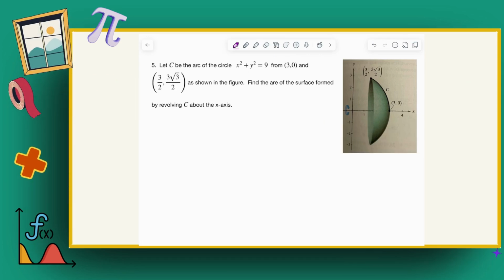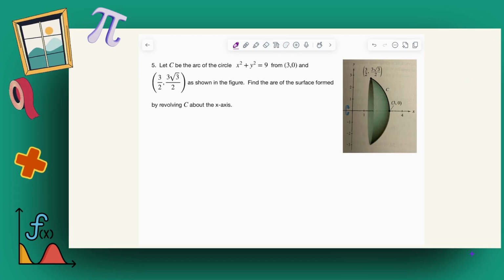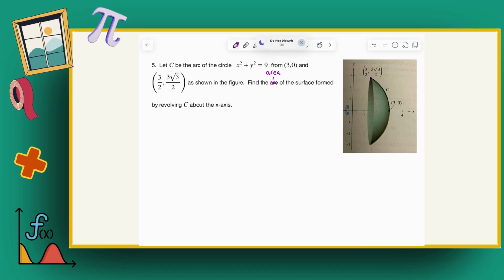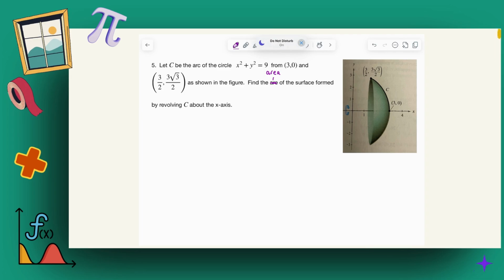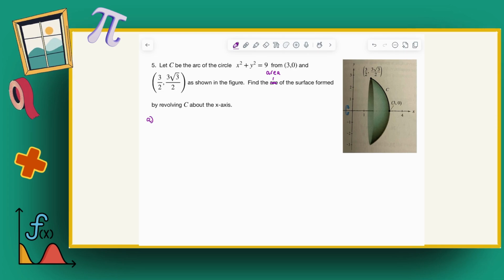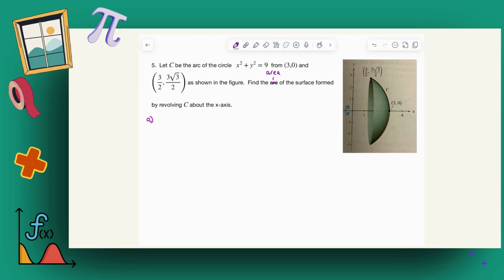Applying our area of a surface of revolution formula to this equation, we have a circle x squared plus y squared equals 9 from (3, 0) to (3 halves, 3 the square root of 3 over 2). To find the area of the surface of revolution, we first need to change our rectangular equation x squared plus y squared equals 9 into parametric form.